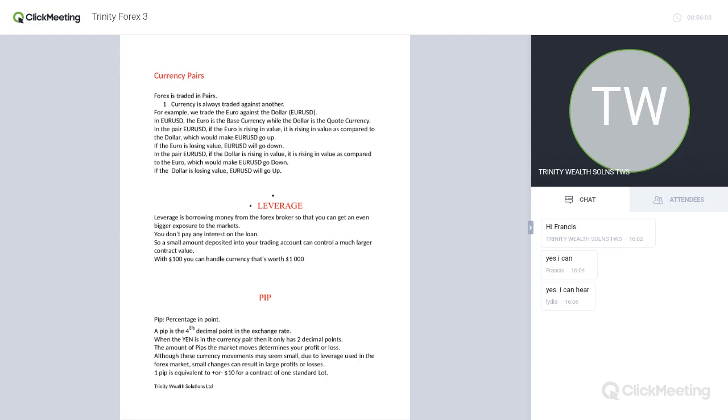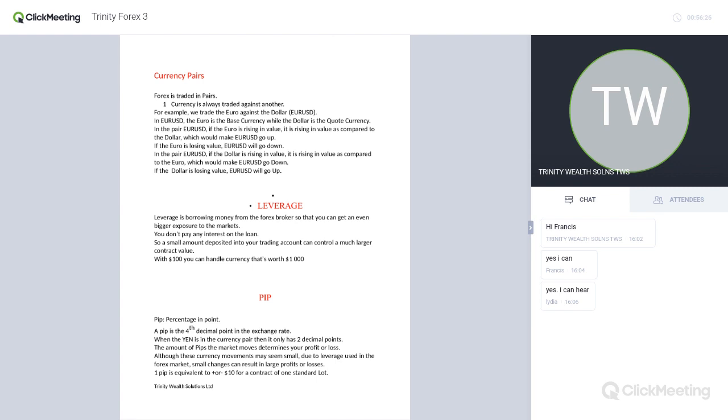But when the yen is in the currency pair, it only has 2 decimal points. So for yen pairs, we count our pips from the second decimal point. Any movement of the second decimal point is how we count our pip movement. The amount of pips the market moves determines your profit or loss.